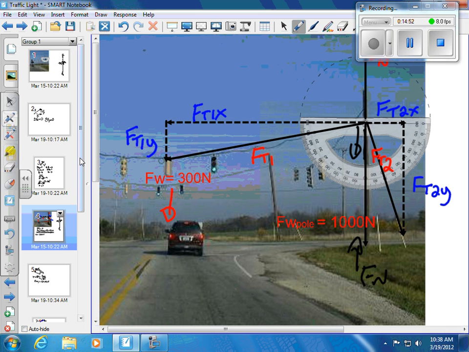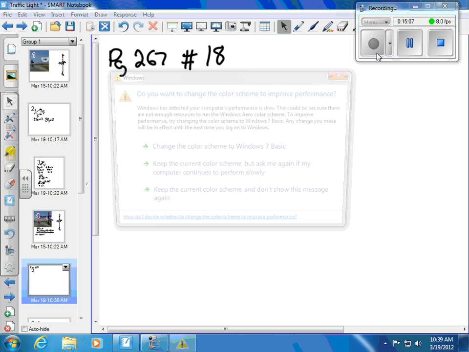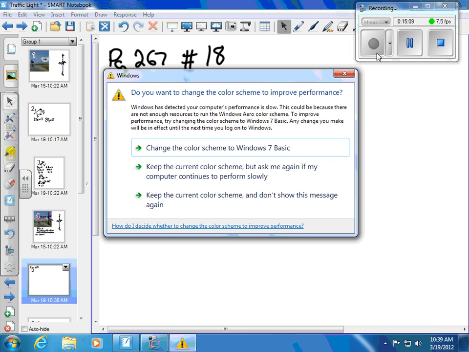So it says a 10-kilogram flower pot is suspended from the end of a horizontal strut by a cable attached at 30 degrees above the horizontal, as shown in the figure. If the strut has no mass, find the tension in the cable.